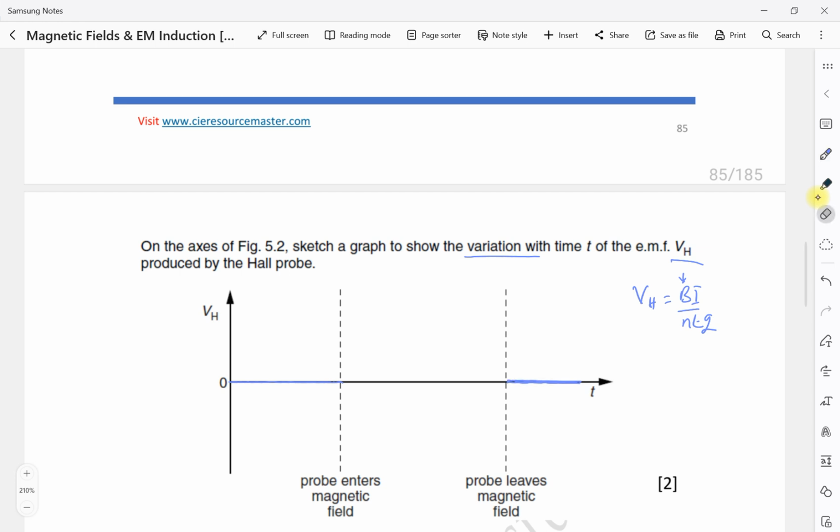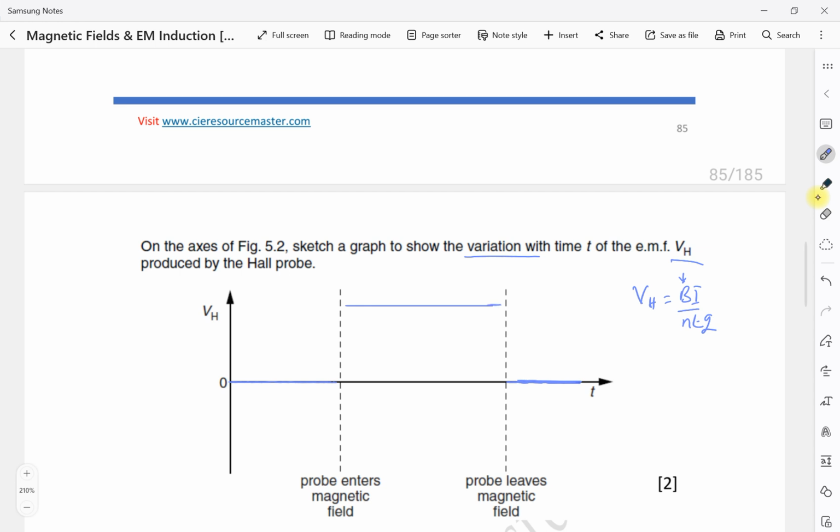But then it rapidly increases and decreases between the poles. It is actually uniform. So I'll draw a horizontal line here, uniform and not zero, because B is not zero inside the poles.